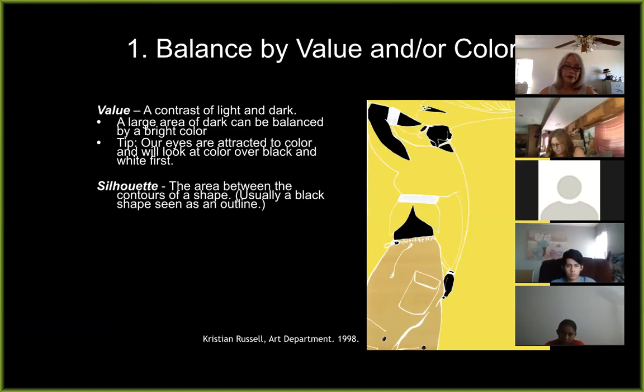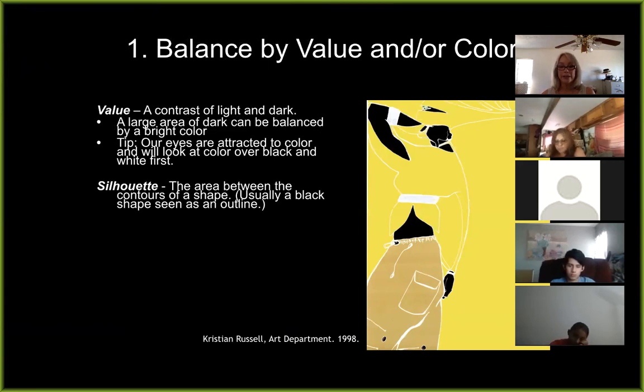When you're doing this kind of composition or trying to achieve this sort of balance, you want to think about the area between the contours of a shape. I know we haven't talked about shape and contour and line yet, but we'll start in on that next week.